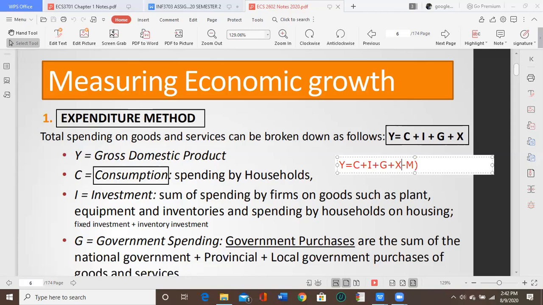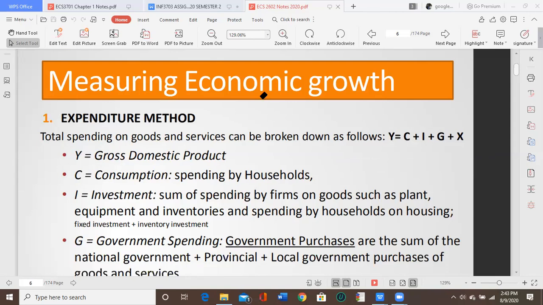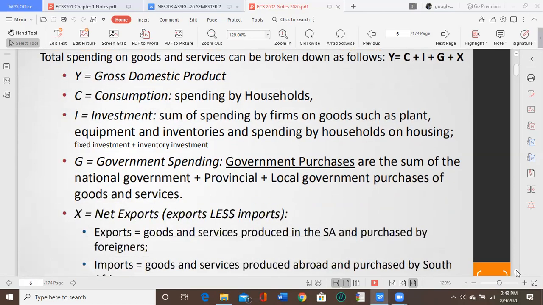Some textbooks put a set on that M, but it's simply the same. This is net exports, which is equal to exports minus imports. This equation is also known as the Keynesian identity. That's what we use to calculate the expenditure method.